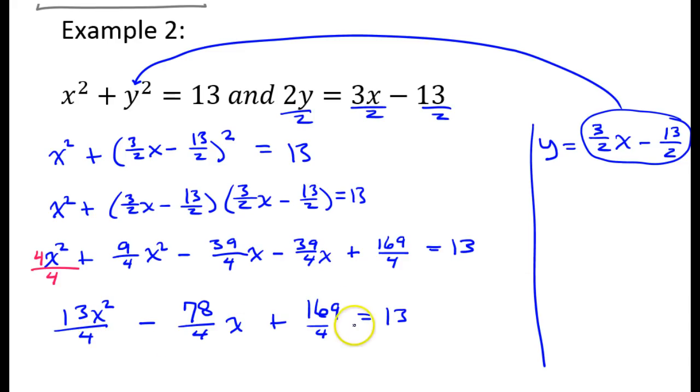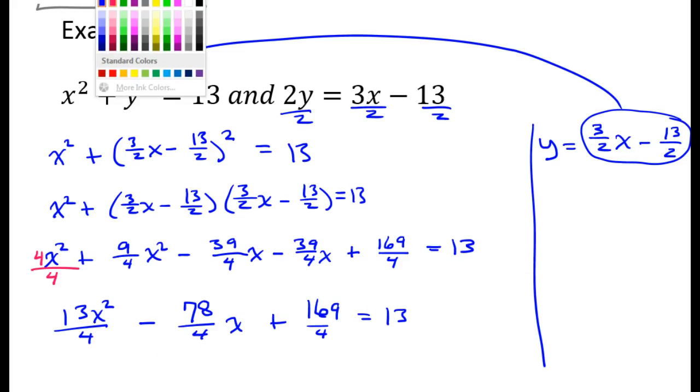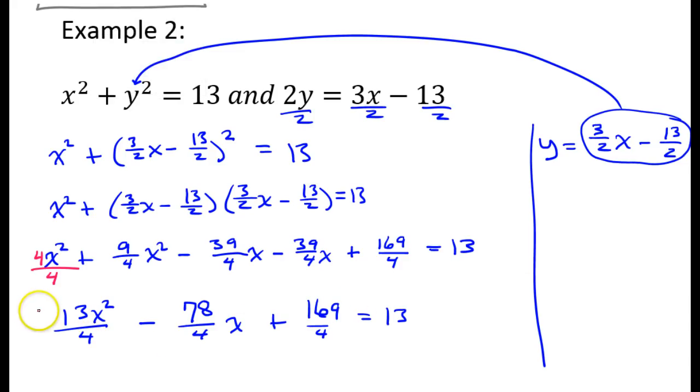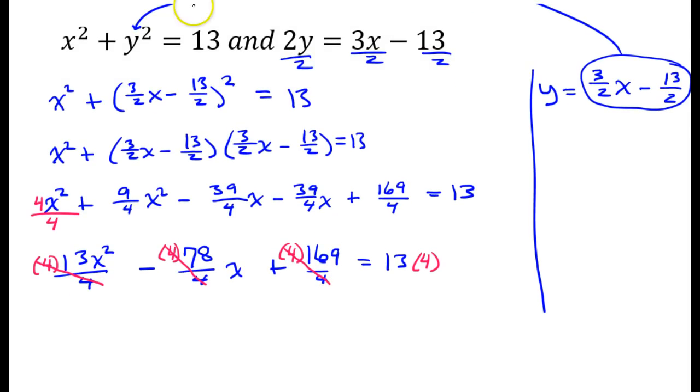Now right about now I'm noticing that all of these have a denominator of 4. That makes it absolutely irresistible to multiply both sides of the equation by 4. In other words, I can just multiply everything by 4 because that will get rid of all of my fractions, which are very awkward to deal with.